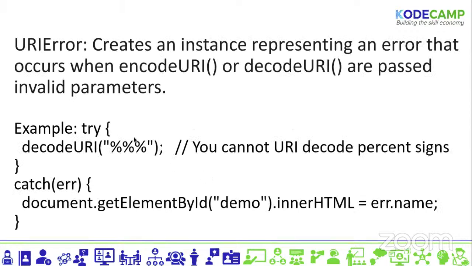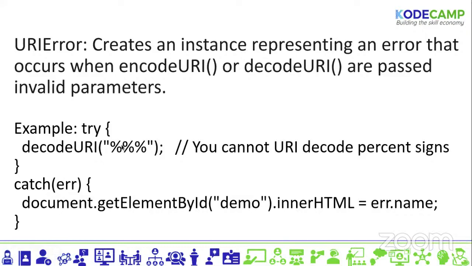So then we should look at URI error. This creates an instance representing an error that occurs when you use the encodeURI or decodeURI functions and then pass invalid parameters to them. So here's an example.